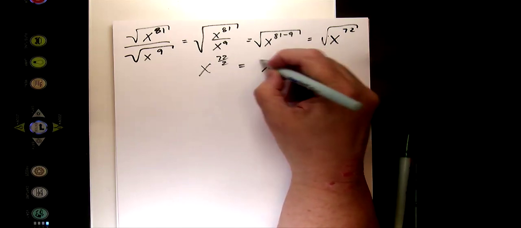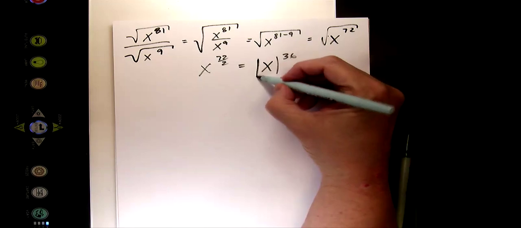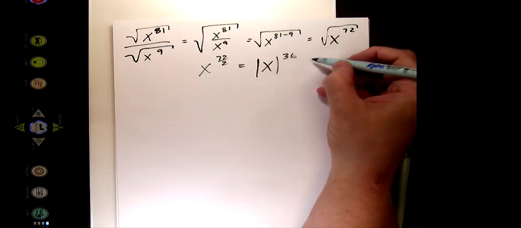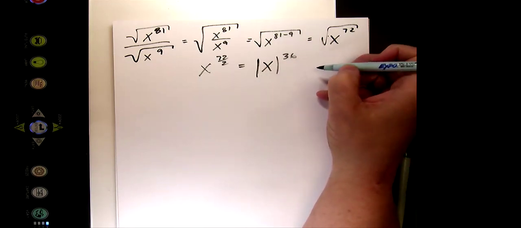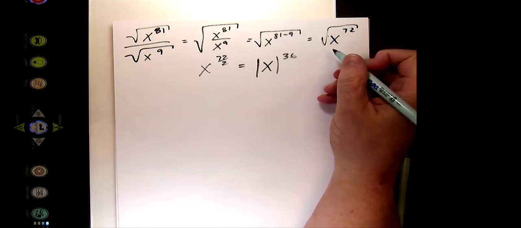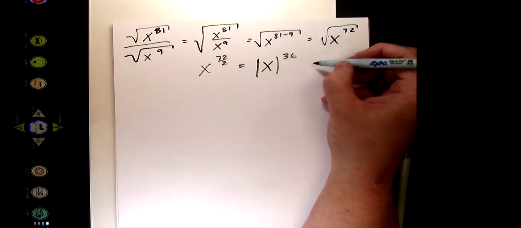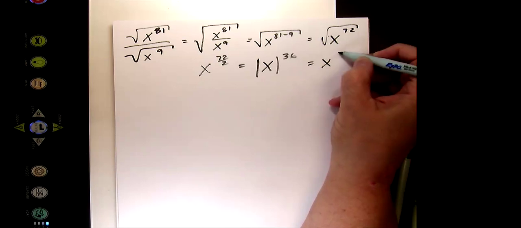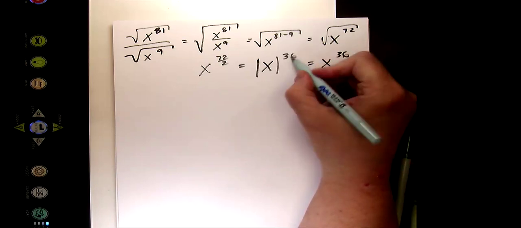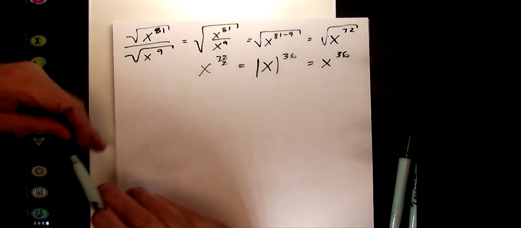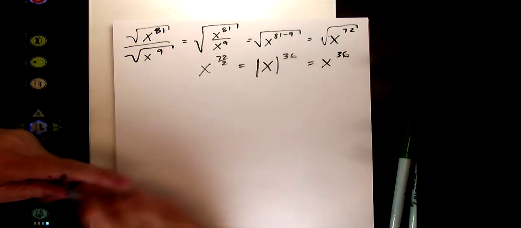And it's technically with an absolute value. It just so happens in this case we don't need the absolute value, because even powers on the outside of an absolute value make it irrelevant.